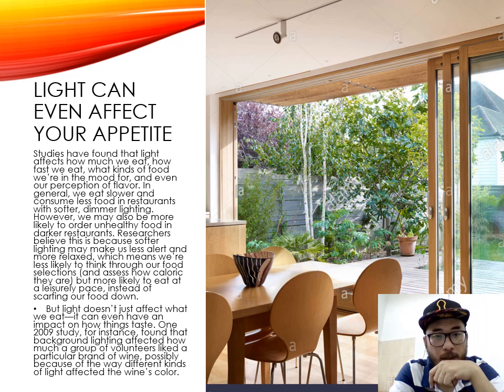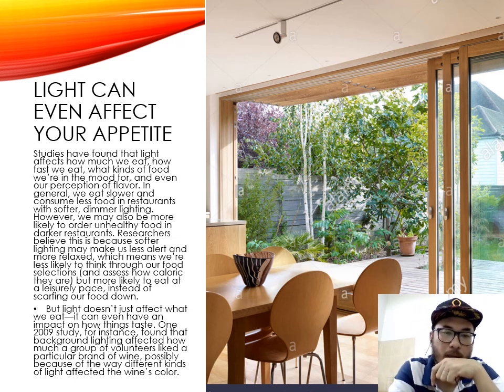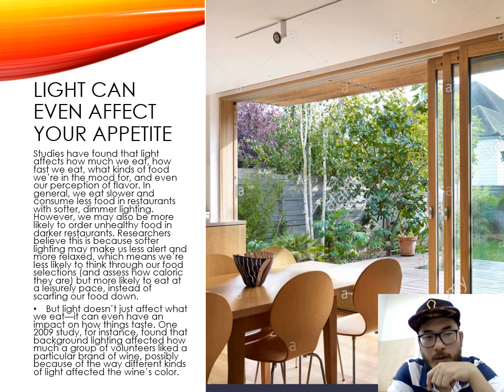Researchers believe this is because softer lighting may make us less alert and more relaxed, which means we are less likely to think through our food selections and assess how caloric they are, but more likely to eat at a leisurely pace instead of scarfing our food down.